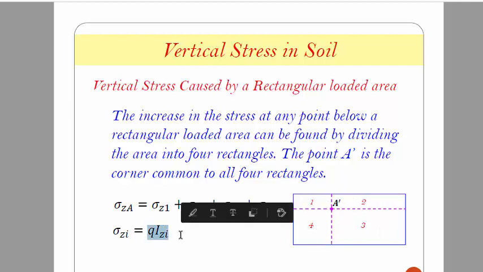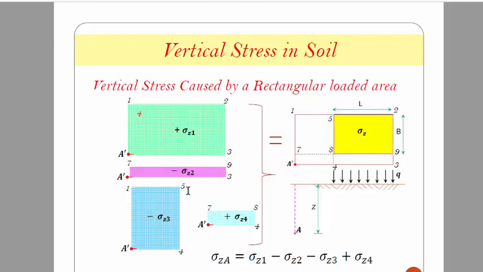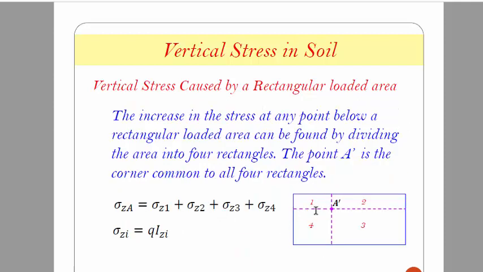Calculate the influence factor for each, with L by B for each. Calculate their m and n values, calculate the influence factor, and put all values in to calculate the proper vertical stresses from the rectangular area. So this is another method, and you will follow this method only.